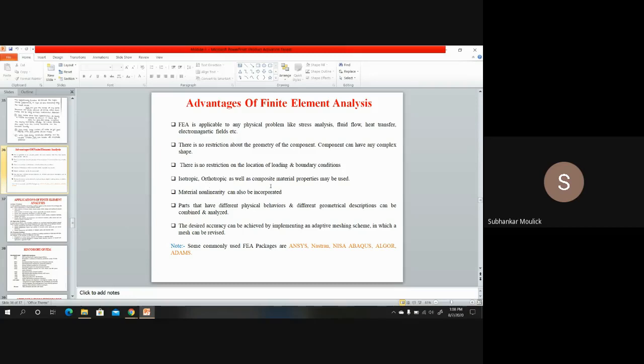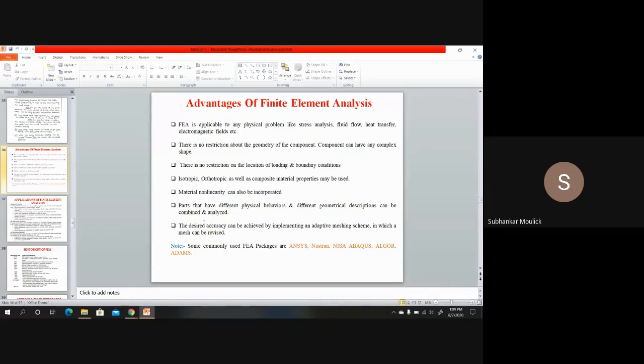Material non-linearity can also be incorporated. We have seen that if the material is non-linear in nature, we can use non-linear finite elements to discretize the given problem. Parts that have different physical behaviors and different geometrical descriptions can be combined and analyzed.